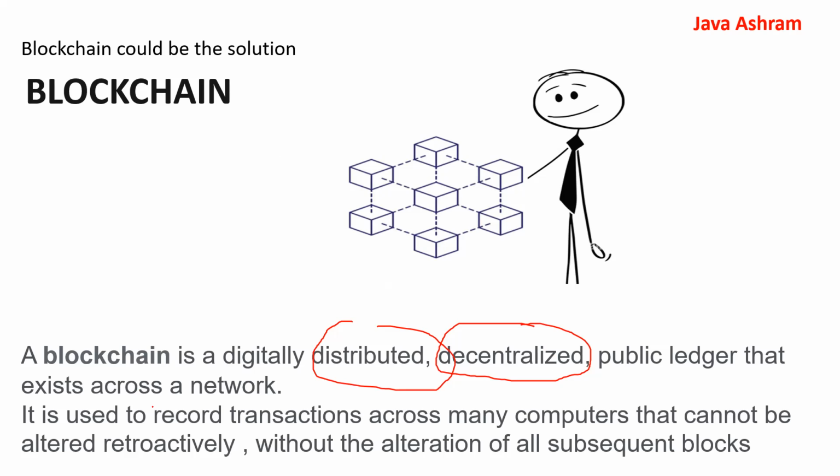That we'll see. It is used to record transactions across many computers so that they cannot be altered retroactively without the alteration of all subsequent blocks. If you want to update a particular block, you won't be able to. You will have to update all the subsequent blocks. If you are trying to update this block, then you will have to update this one too. If you are not updating it, this can be easily tracked.